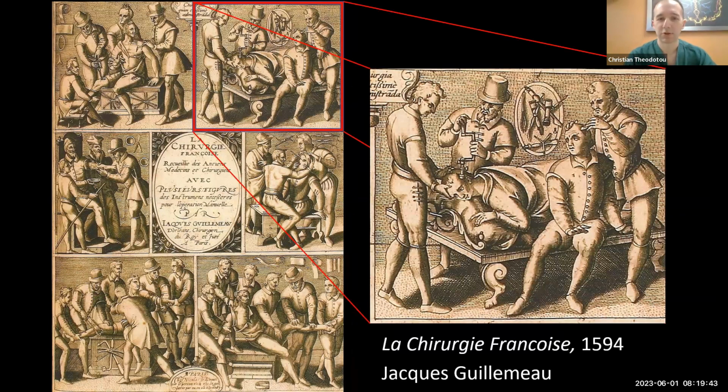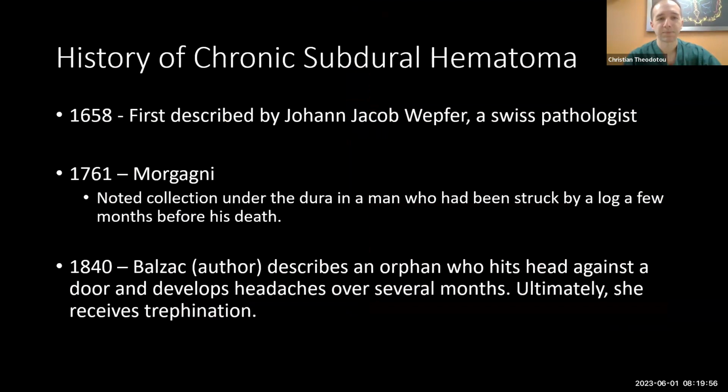But trephination for what was suspected to be subdural hematomas was one of those treatments. So it's a chronic problem, not to use a pun, for humanity. First described in the 1600s, and then the various reports from other people about what you could sort of put together as being a chronic subdural hematoma presentation.